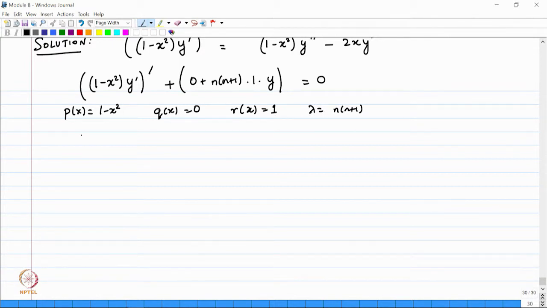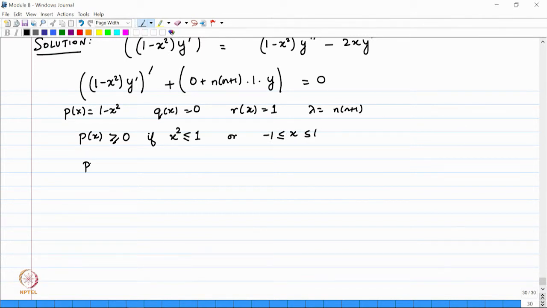Now we see that p of x is greater than or equal to 0 if x squared is less than or equal to 1, or minus 1 less than or equal to x less than or equal to 1.